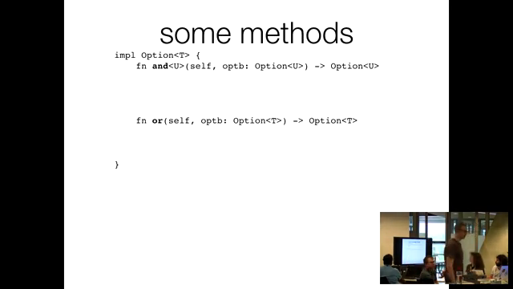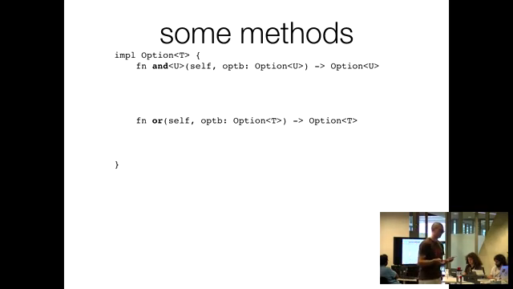Okay, so I want to look at some other methods, and I'm going to go over these a bit more quickly, and I'm just going to show you the type signatures. One intuitive way you can think of option and result types is like a Boolean, where if you've got Some or Ok, it's true, and if you've got None or Err, then it's false.